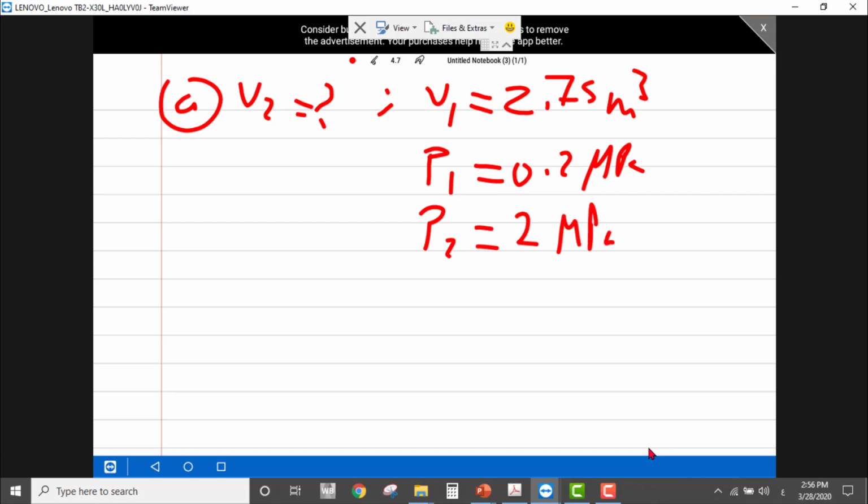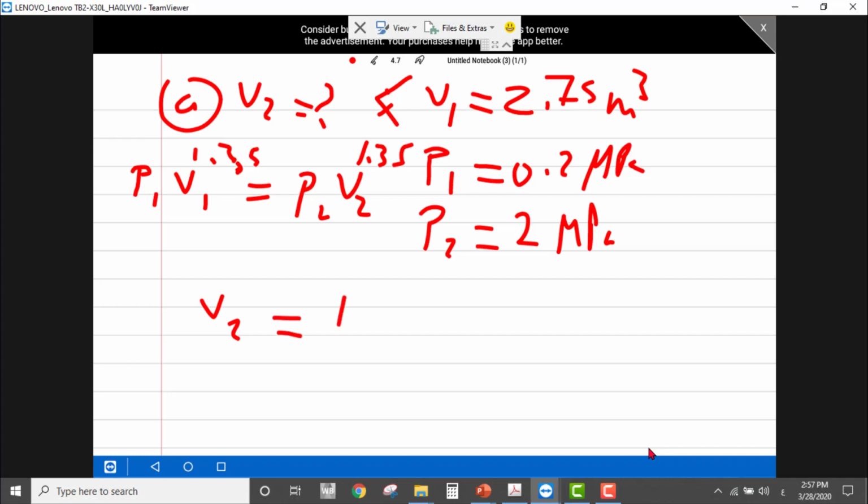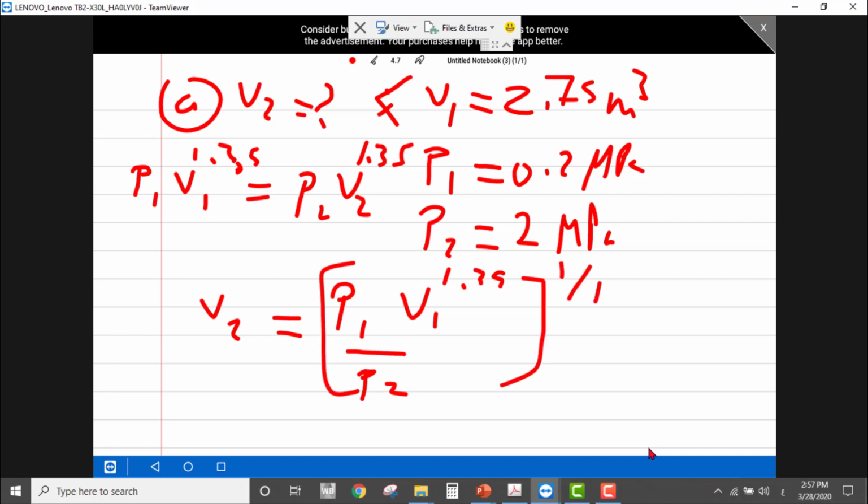As we expect, V2 will be lower than V1. He also gave us the relation P1V1 to the power 1.35 equal to P2V2 to the power 1.35. So if I need V2, then V2 equals V1 times P1 over P2, all to the power 1 over 1.35.